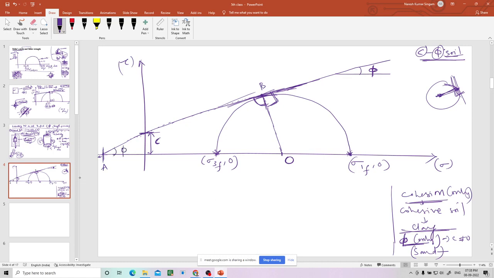Now what do I do? From the triangle AOB, what can I write?